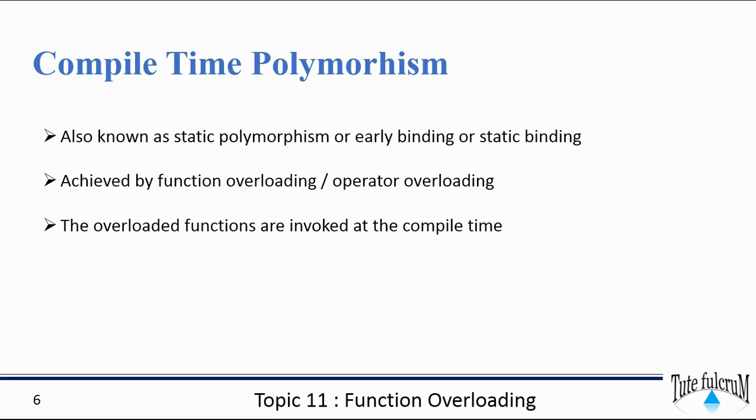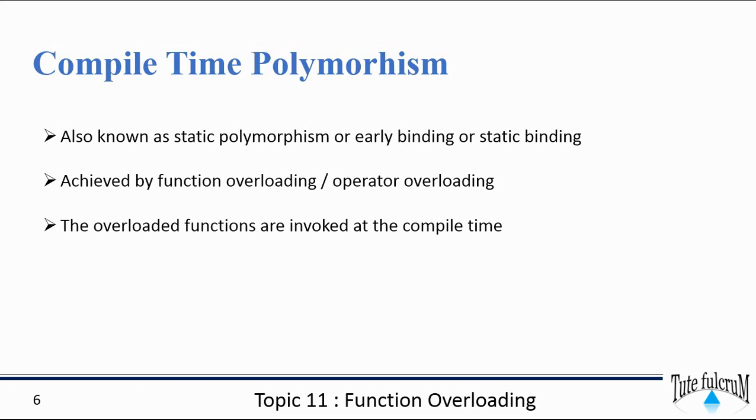The overloaded functions are invoked by matching the type and the number of arguments, and this is done at compile time. So the compiler selects the appropriate function at compile time. This is the reason why function overloading is taken as an example of compile-time polymorphism. The binding of the function call to the definition happens at compile time, and the compiler is well aware of which function it has to map.